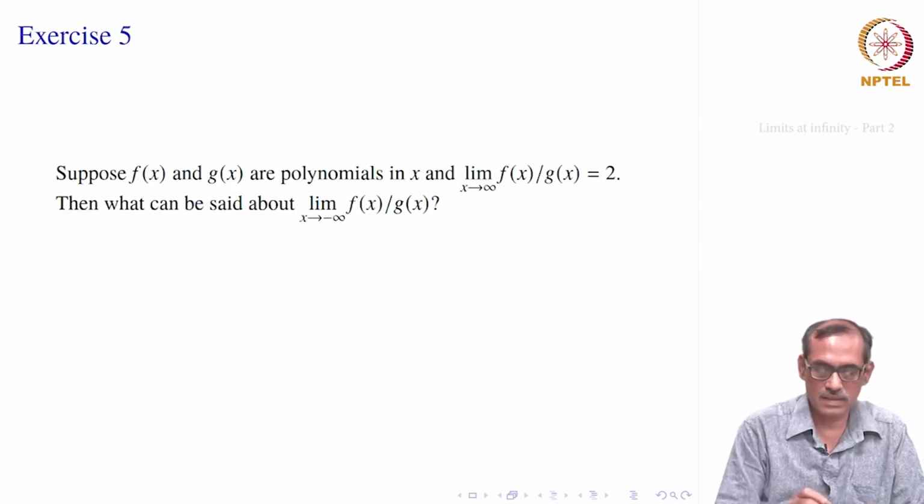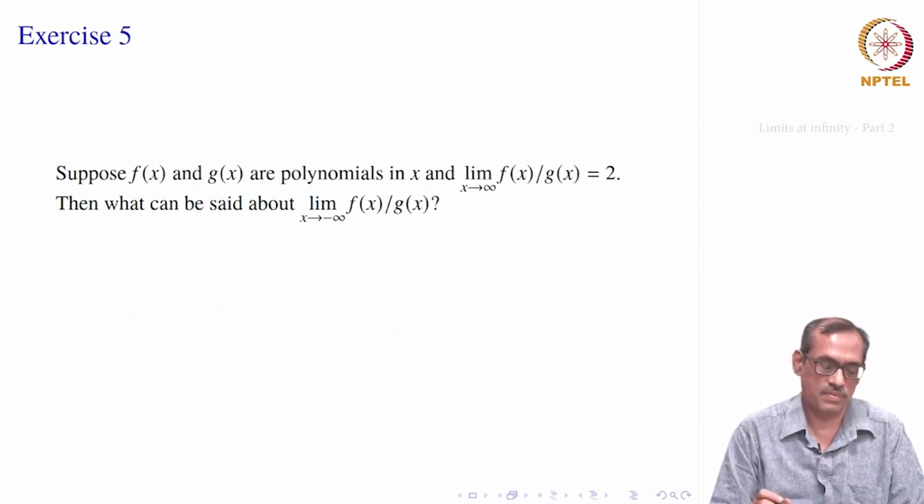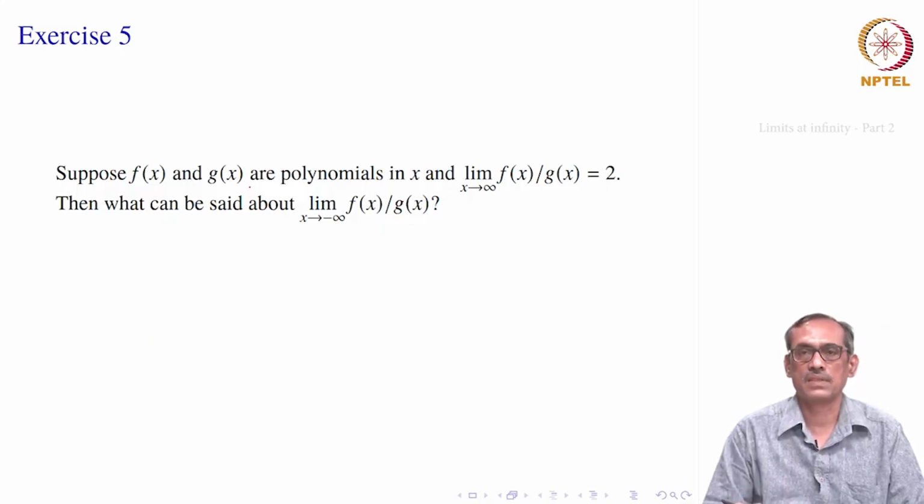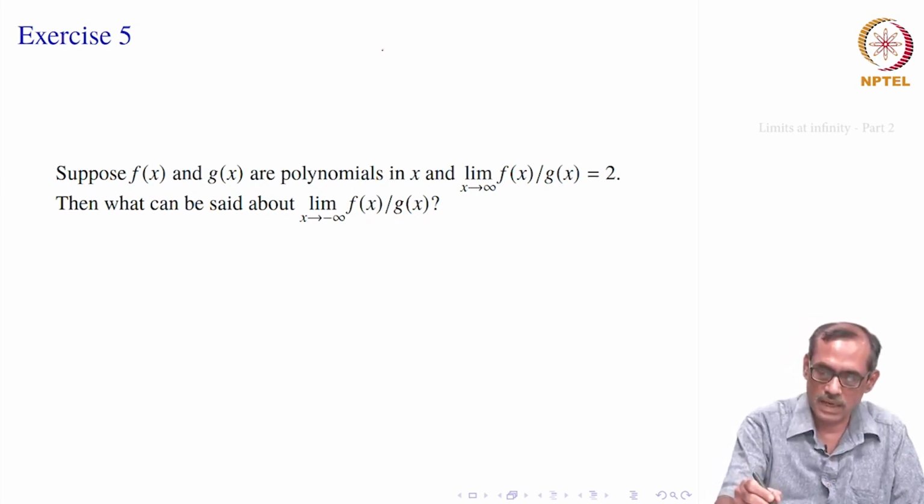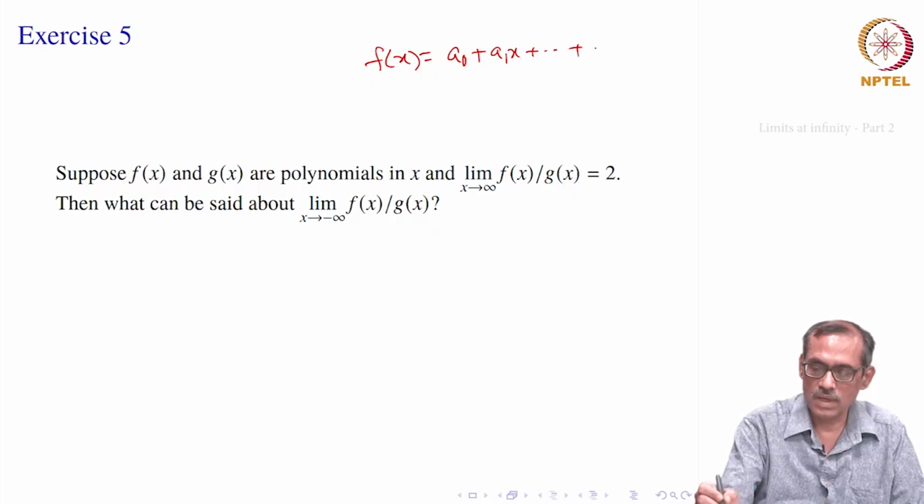Okay, we will take another slightly different type. Suppose f x and g x are polynomials in x. So, that means f x would look like a 0 plus a 1 x plus a 2 x square and so on, up to a m x to the power m.